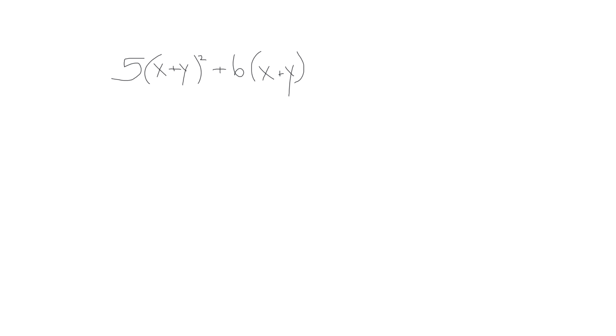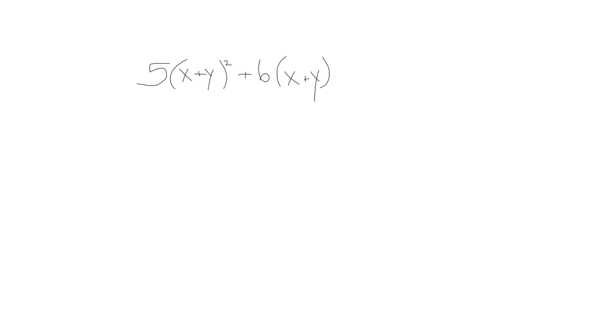I have my 5 times x plus y squared and my 6 times x plus y. What do they have in common? X plus y. There's x plus y here, and there's x plus y here. So I'm going to factor out an x plus y.